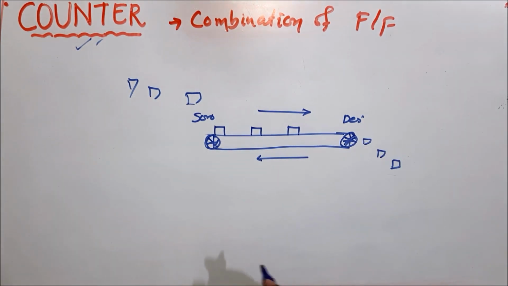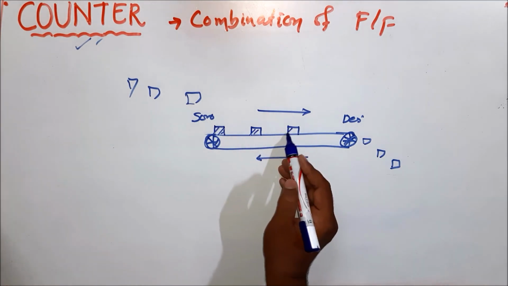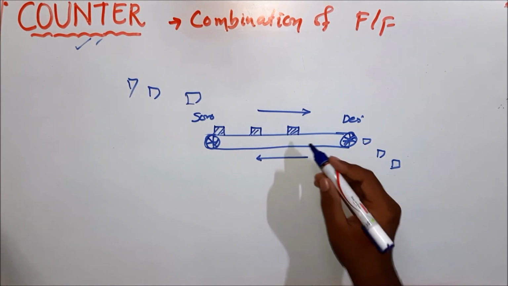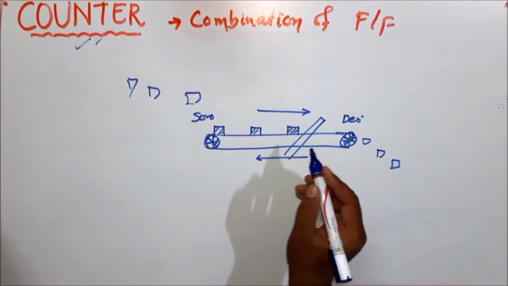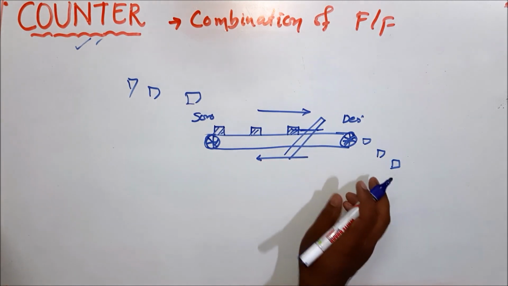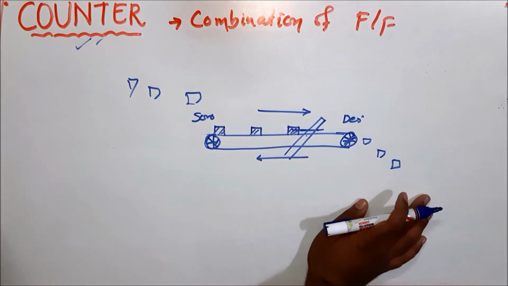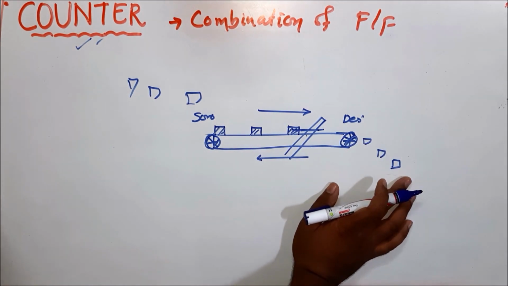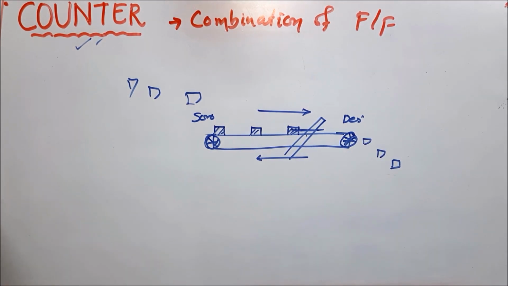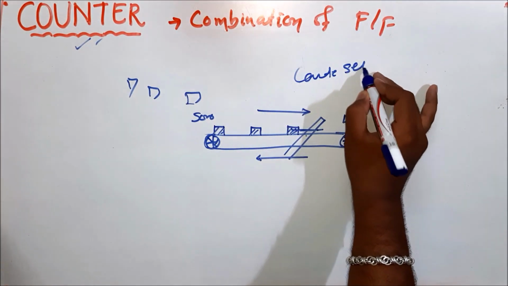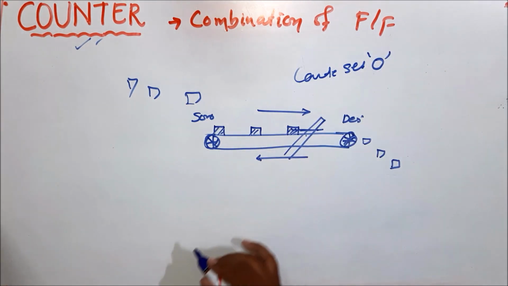I want to count how many goods are passing on the conveyor belt. So we'll put a counter here so that when a good crosses this line, the counter detects that something is crossing the line, and the counter increases its value by 1. For example, before starting, my counter is set to 0, that means 0 count.